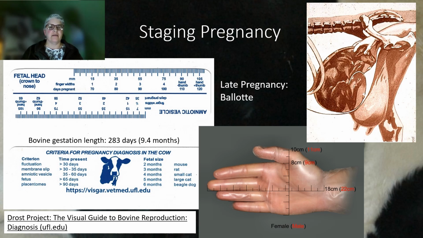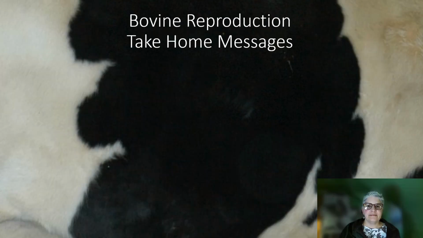You're not hurting the cow or the fetus, but you can push and then leave your fist and feel if something hard bumps into it, and that's the fetus. When the fetus gets bigger, closer to parturition, you can then feel its head again, and you can check to make sure that that's a live calf.